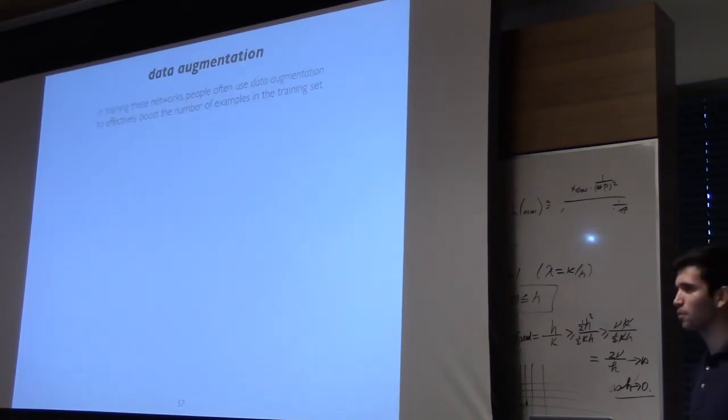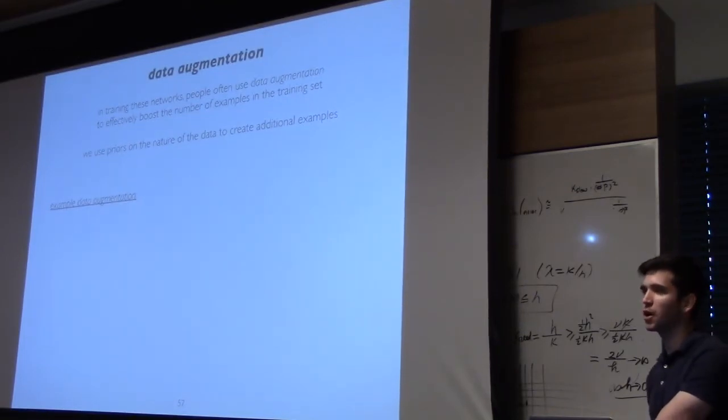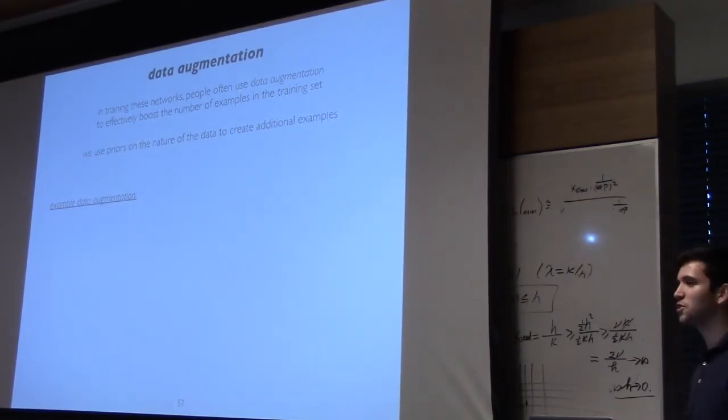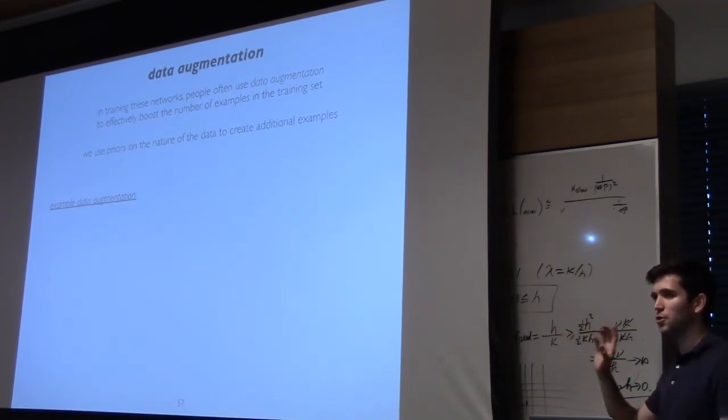So another important point is that there's a lot of tricks to actually getting your data ready for a deep neural network, and one of the tricks is that you use data augmentation, whereby you increase the number of samples effectively that you have to train with by doing a bunch of transformations on the input. So we talked about priors earlier, and so here you're applying some priors to your data.